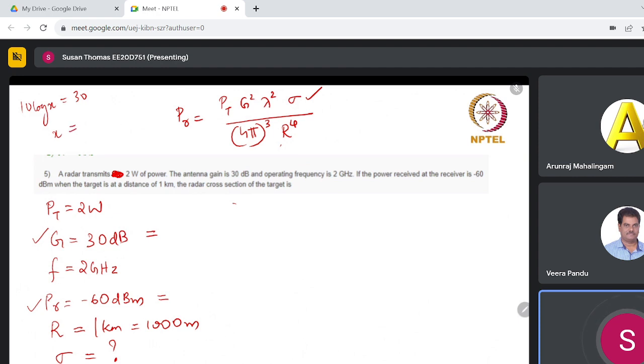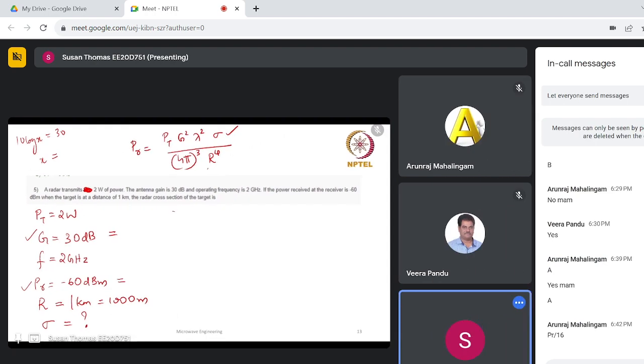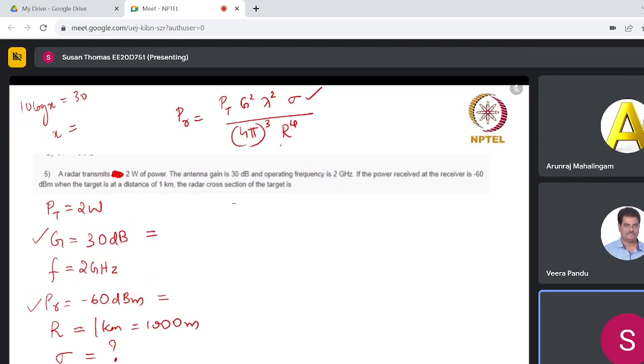So what is x? 1000? Yes. So that gain is 1000.